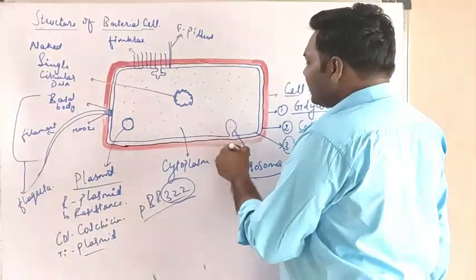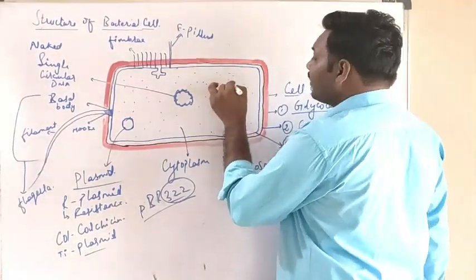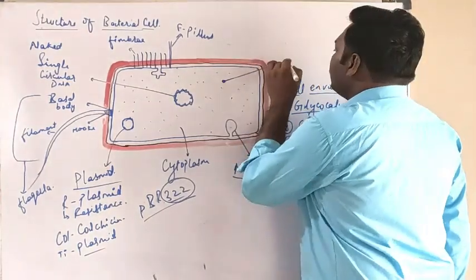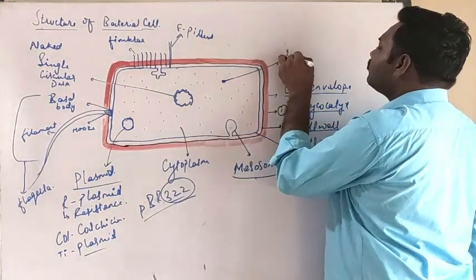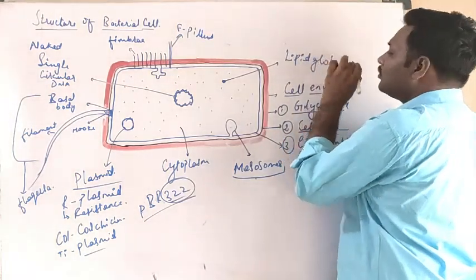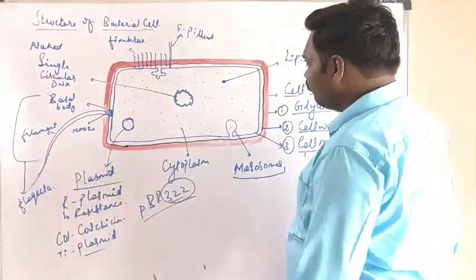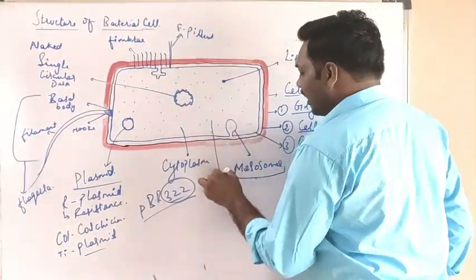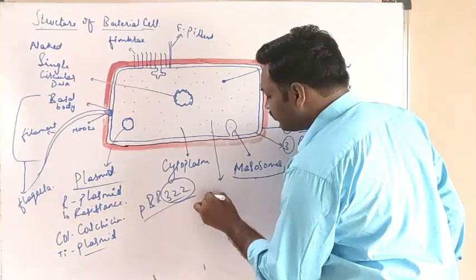Now, the cytoplasm is there, which consists of lipid molecules within it. You can also show them like this, as lipid globules. Then you can also show the presence of the ribosomes. Ribosomes are also present in this.